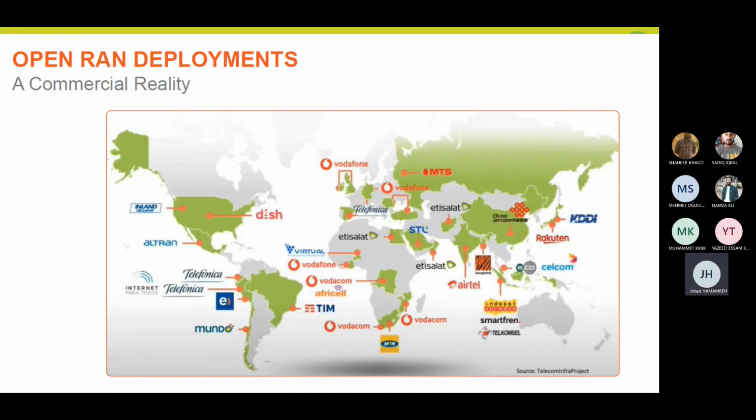There are deployments all around the world, and innovation is happening, and people are moving towards adopting Open RAN instead of closed systems that prevent them from adopting the latest technologies, and reducing the cost to a minimum so that their solutions and services can be affordable by their customers.